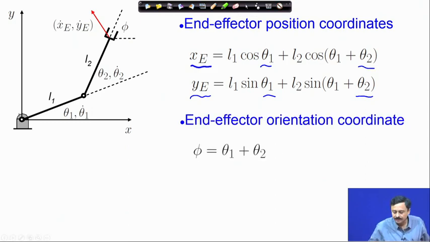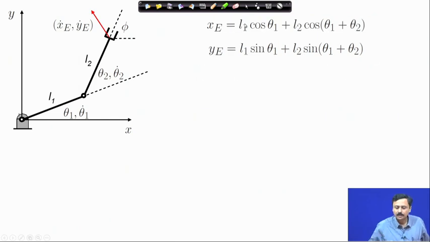We also have a relation between the orientation angle of the end effector, which is phi, and the joint angles, which we have also derived earlier.